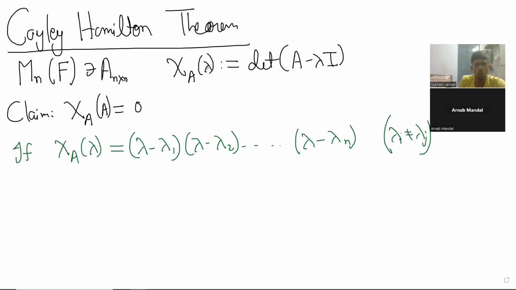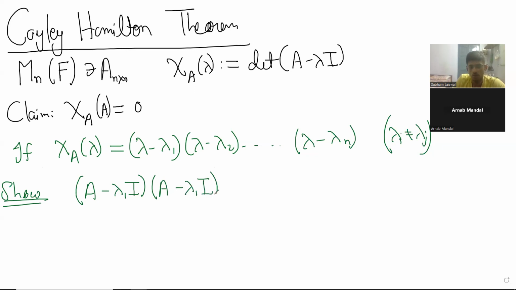Now, what do you want to show? Now we need to show that this thing, you see, here the one will become identity because this is being evaluated as matrices, as a polynomial with the variable replaced by a matrix. So we need to be careful. We need to show that this is equal to 0.